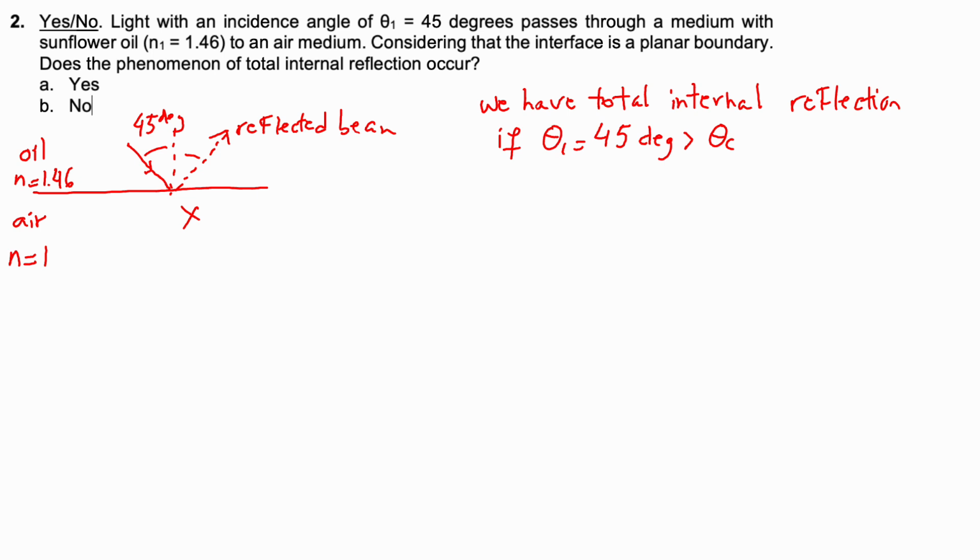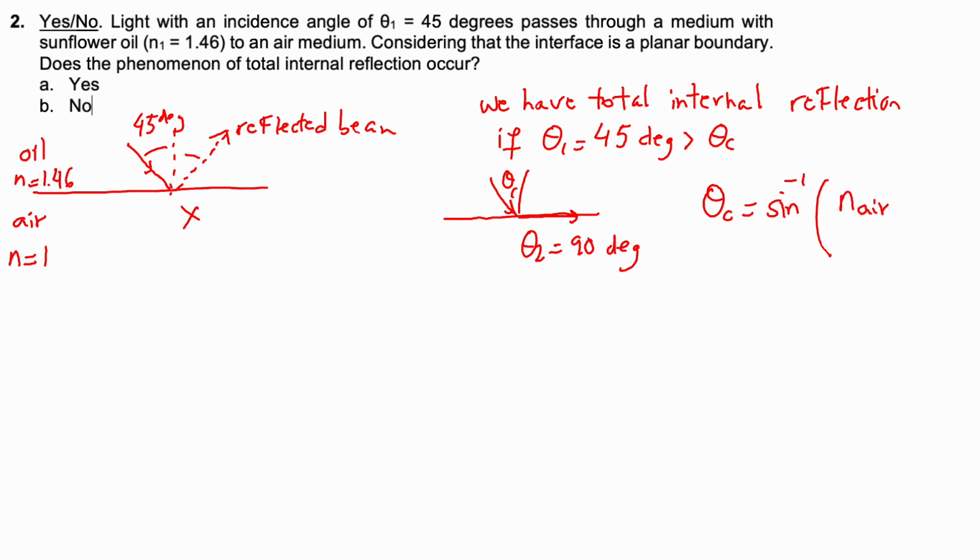And if you remember, the critical angle is the incident angle such that the refracted beam is at 90 degrees. So the critical angle is the inverse sine of the refractive index of the air divided by the refractive index of the oil.